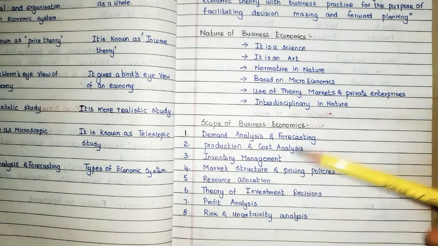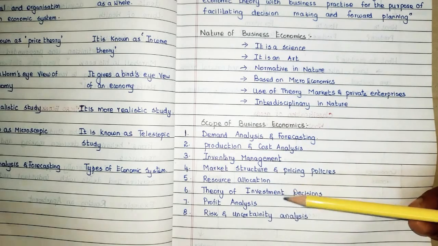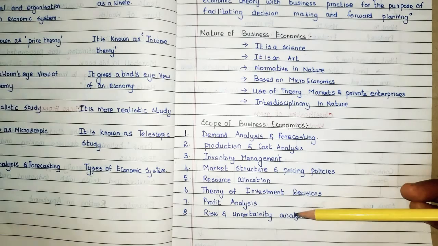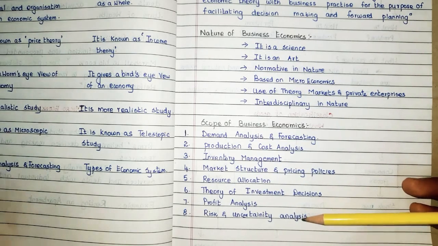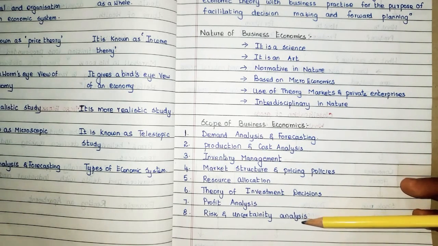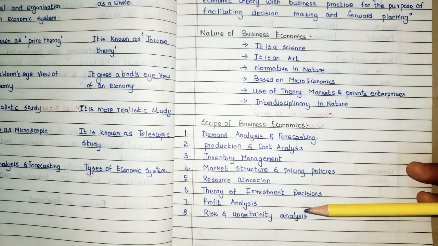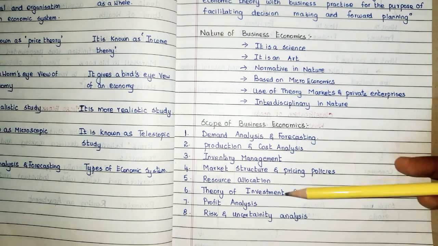The next is theory of investment decisions. So the main point is the investment decisions have to be analyzed and critically checked in the market, and we have to decide as per it. Then profit analysis. So generally it helps in profit measurement and control, as I already said.